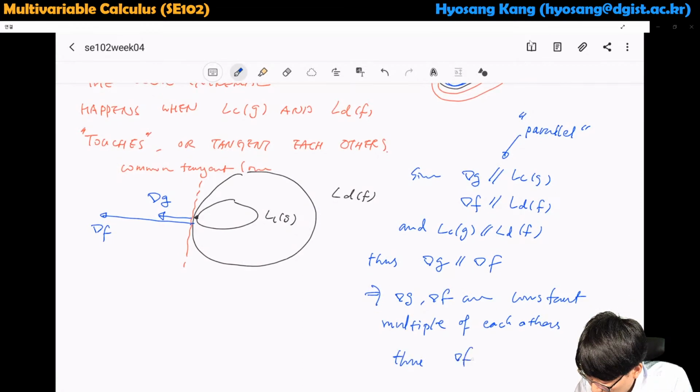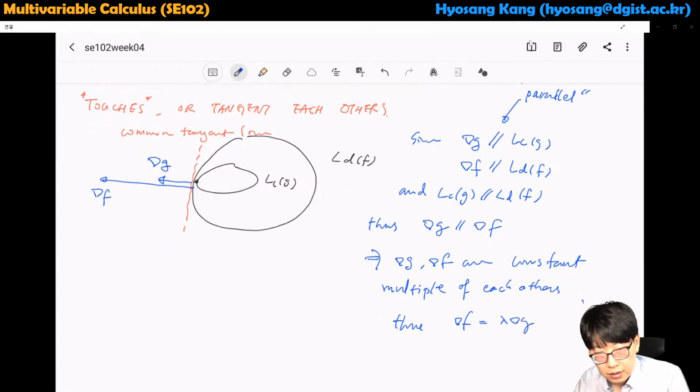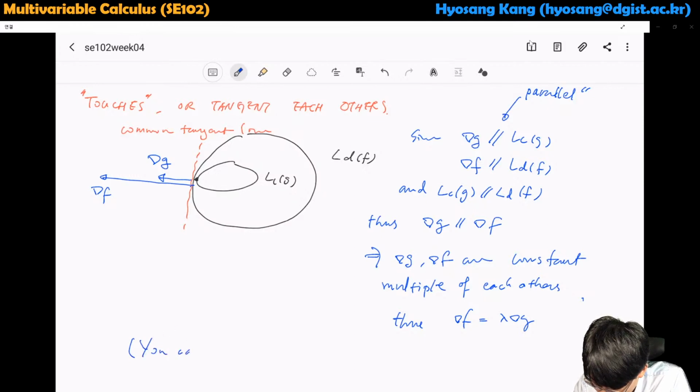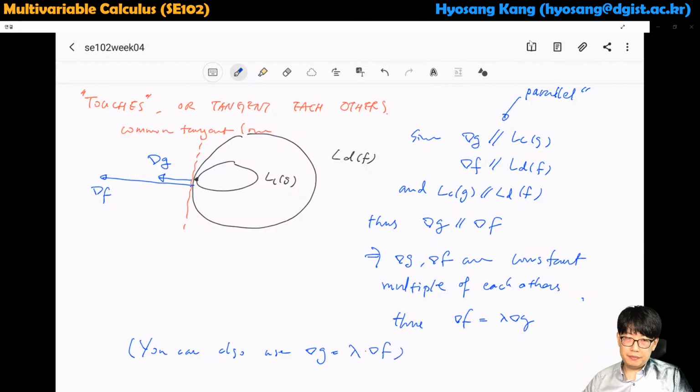Thus, gradient F is lambda times gradient G. For example, sometimes you can also use gradient G is lambda times gradient F. It doesn't matter because we assume that gradient F and gradient G are not 0.